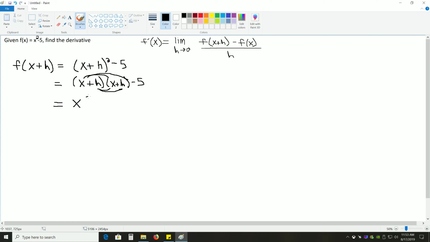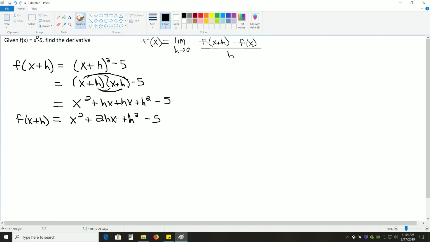We have x squared plus hx plus hx plus h squared when we multiply all of these terms out, and we have a minus 5. So simplifying this, we get f of x plus h is equal to x squared plus 2hx when we combine this hx and hx together, plus h squared minus 5.